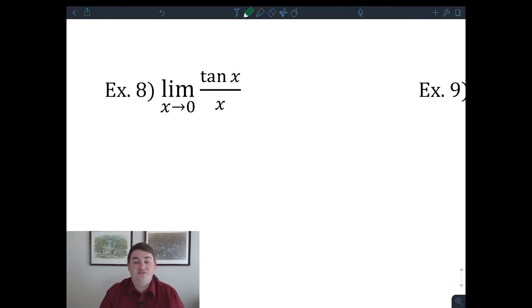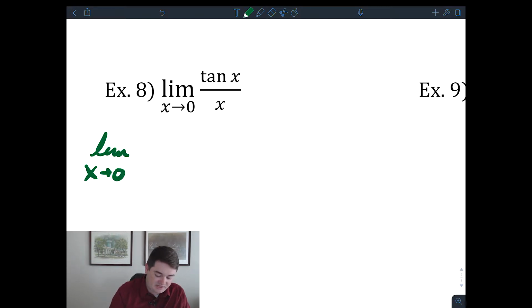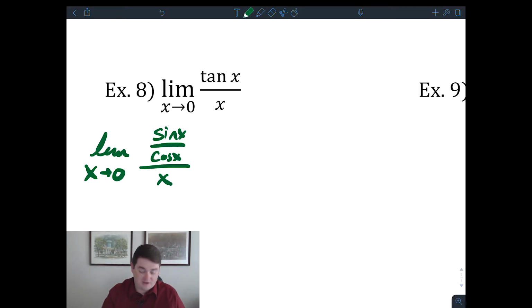The limit as x approaches 0 of tangent x over x. Well, if I plug in 0, I'm going to get 0 over 0, so we don't want to do that. But I can rewrite this: tangent x is sine x over cosine x, over x.